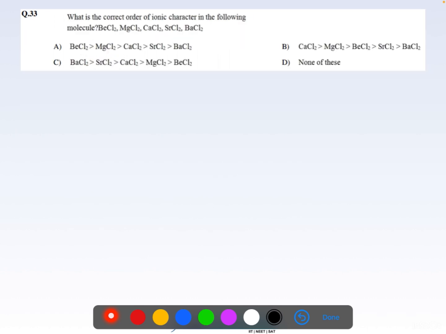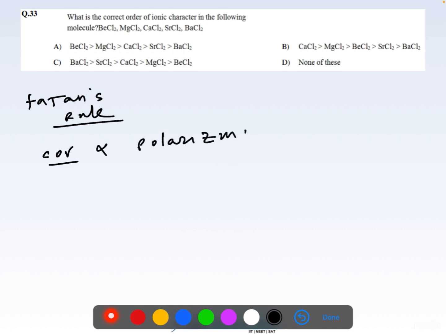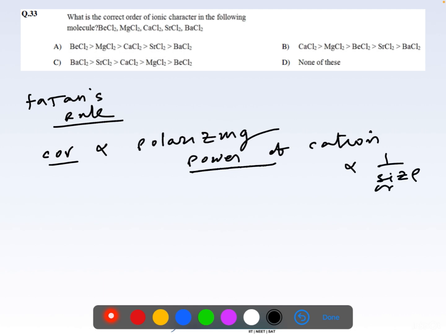What is the correct order of ionic character in the following? According to Fajans rules, the covalent character of a bond is directly proportional to the polarizing power of the cation, and the polarizing power of the cation is directly proportional to 1 by size.